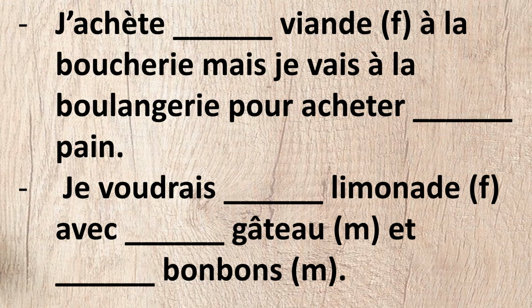I buy some meat at the butchery, but I go to the bakery to buy some bread. Je voudrais limonade avec gâteau et bonbons. I would like some lemonade with some cake and some sweets.